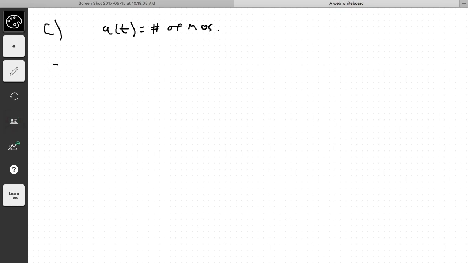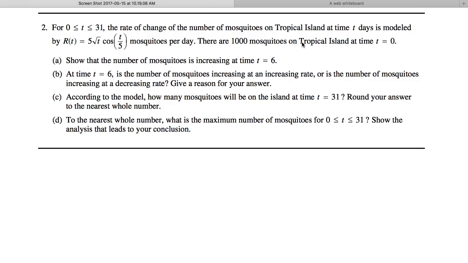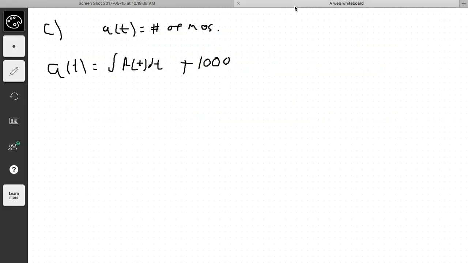So then we could say that A of t is going to be the integral of our rate function, r of t dt, plus our initial condition, which is 1,000, that's given to us in the beginning. Alright, so now we're just going to try to find A of 31.